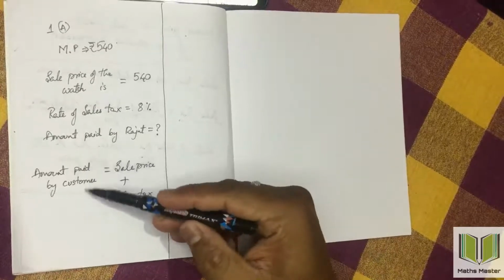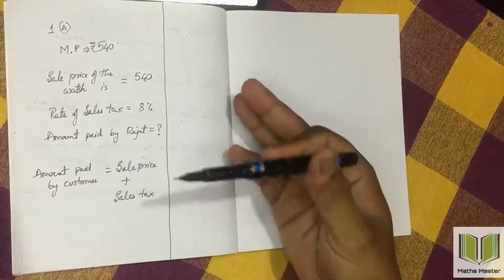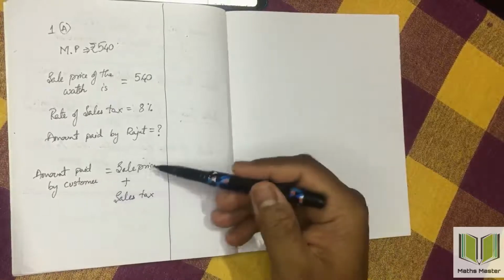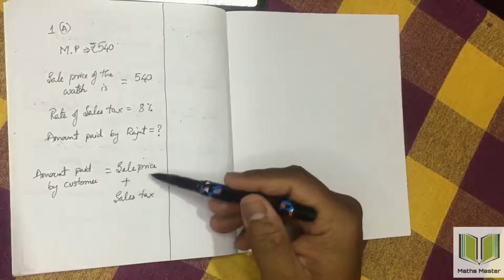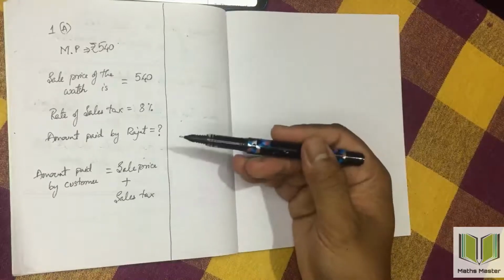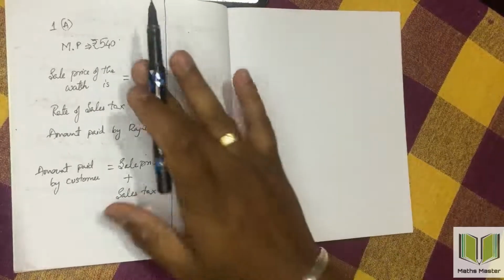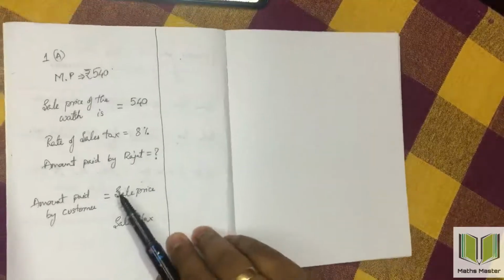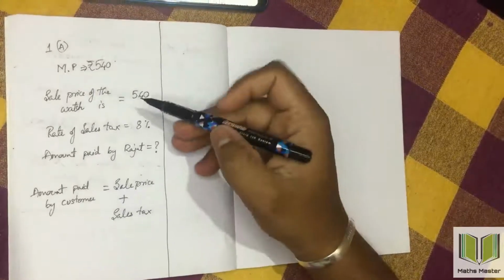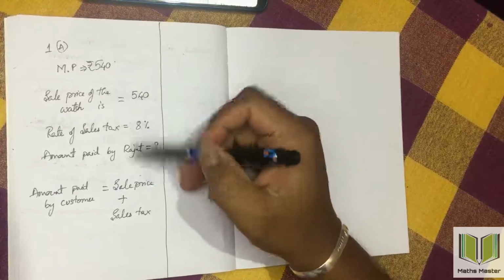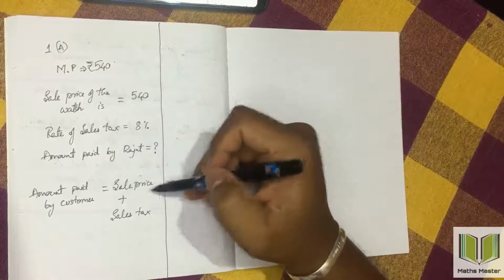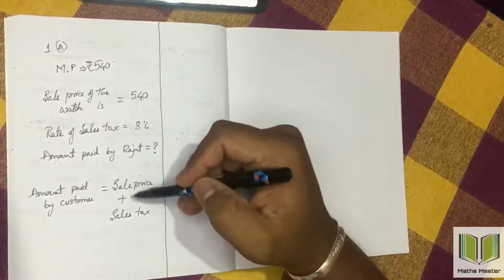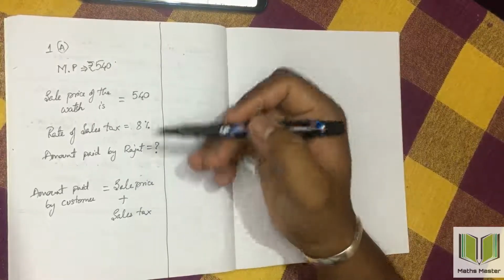In whichever problem you take, amount paid by customer is always equal to sale price plus sales tax, wherein sale price will be after discount. In this particular problem, there is no discount given by the watch vendor, but if there is a discount given, then that discount will get deducted from the market price, and that will become the new sale price. The new sale price plus sales tax will give you the answer.